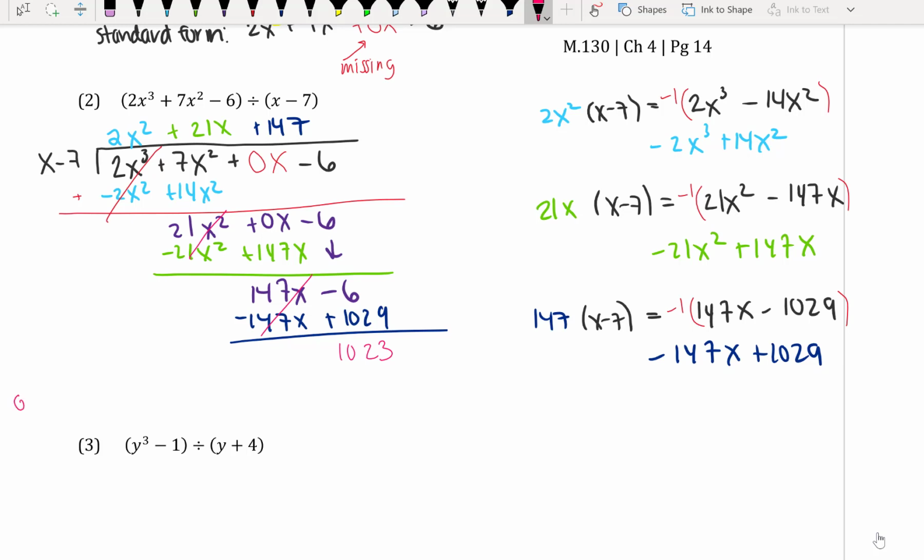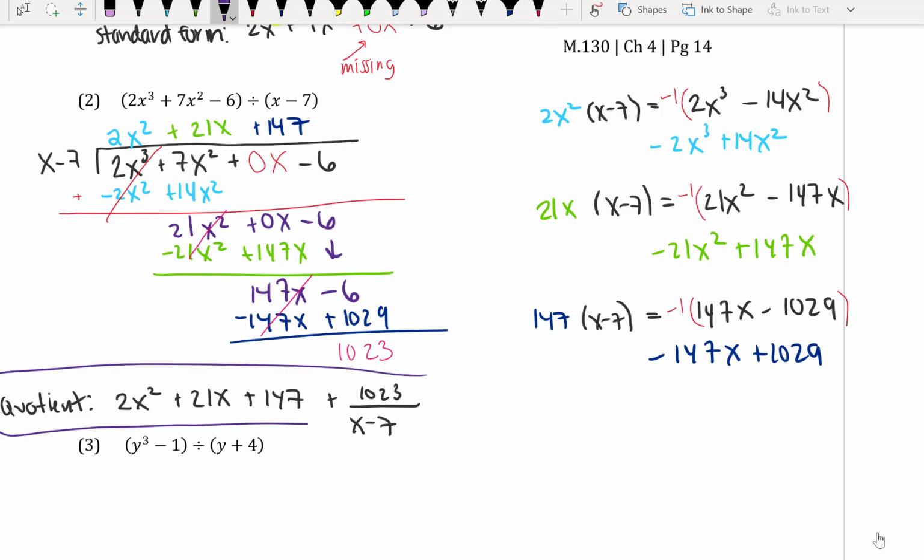So I'm going to say that my quotient is 2x squared plus 21x plus 147 plus 1023 divided by what my denominator was, which is that x minus my 7.